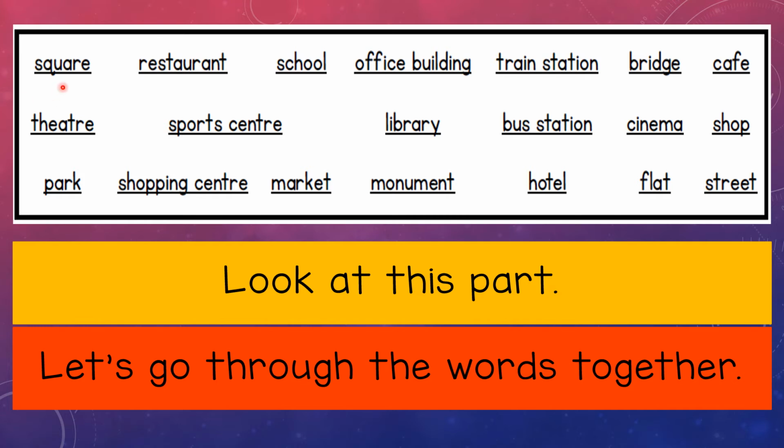The first one, square. Restaurant. School. Office building.